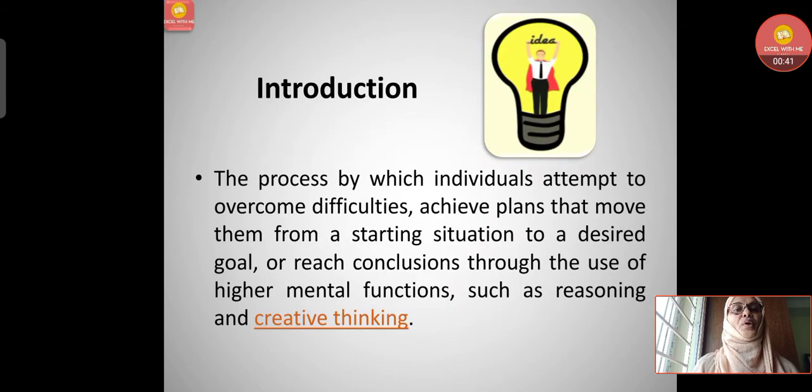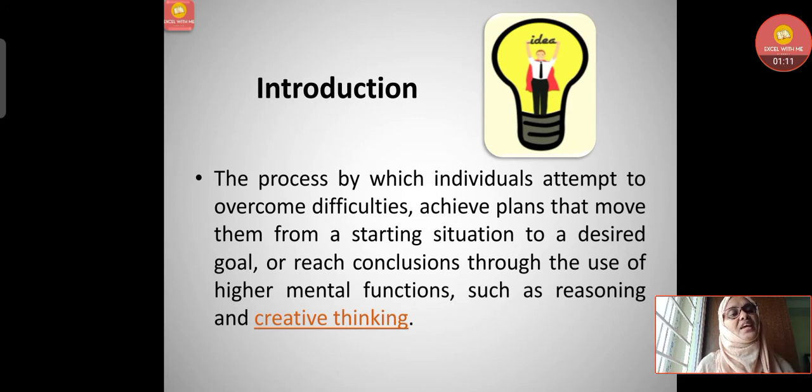Introduction. The process by which individuals attempt to overcome difficulties, achieve plans that move them from a starting situation to a desired goal, or reach conclusions through the use of higher mental functions such as reasoning and creative thinking. Each and every individual faces certain problems in life. They will not sit idle facing those problems.